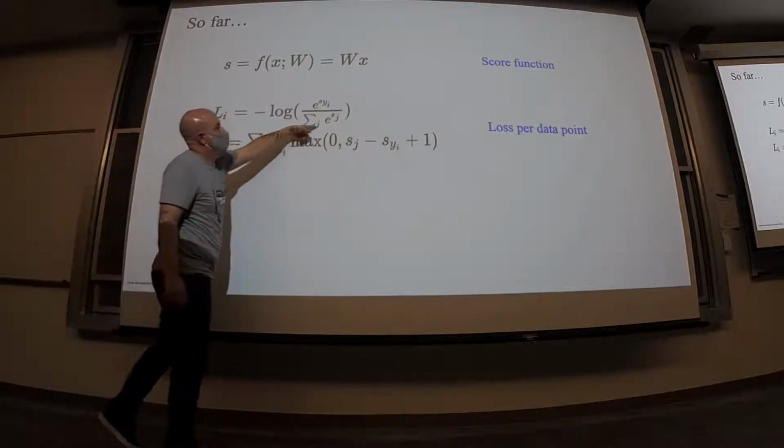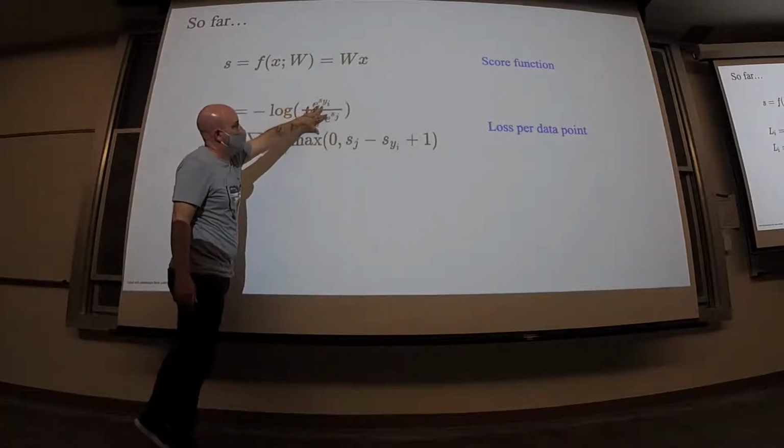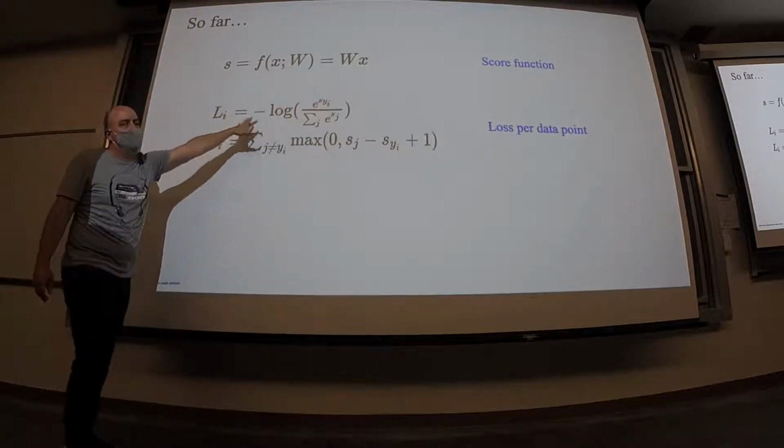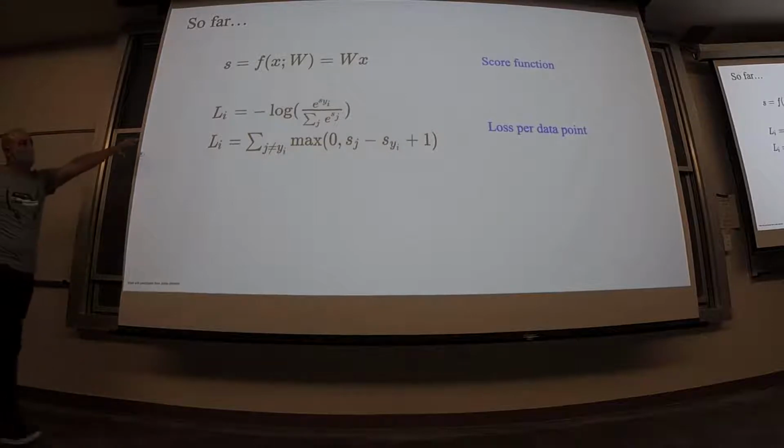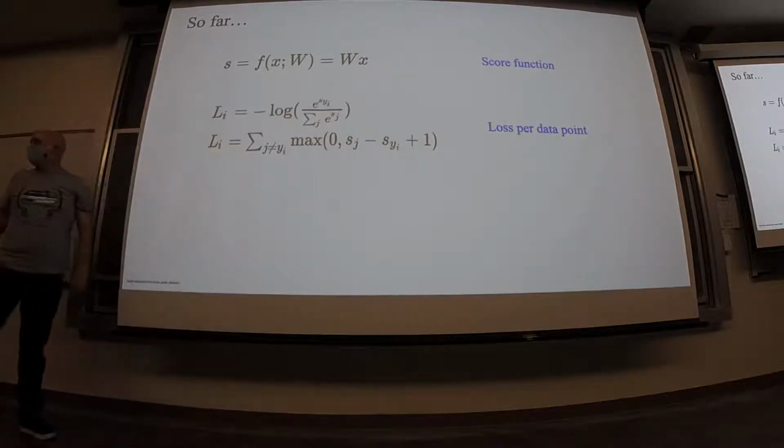This uses softmax to represent the outputs as a probability distribution, and then computes the negative log likelihood of the correct class. So this is your cross entropy loss, and this is our hinge loss.